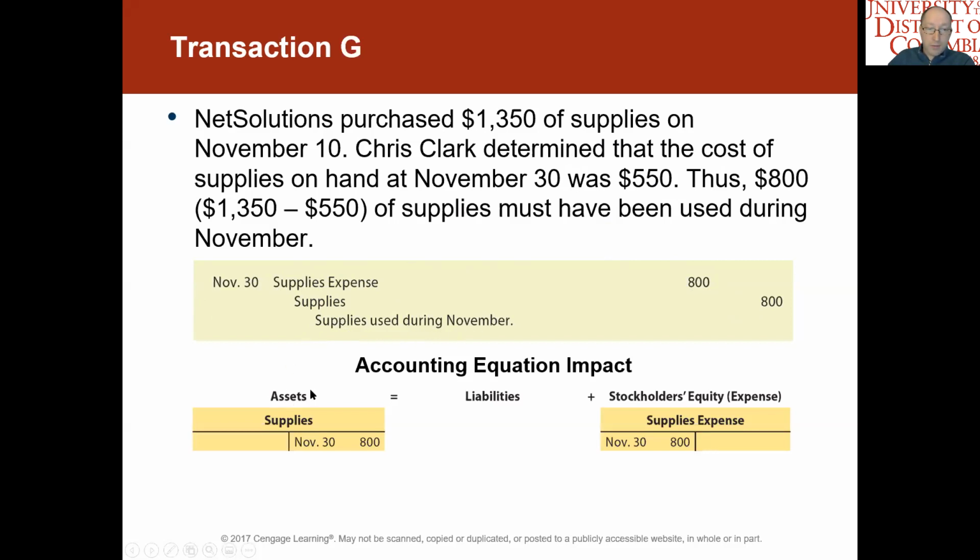So our asset, we would reduce our supplies by $800, and we would also increase our supplies expense by $800 under stockholders' equity.